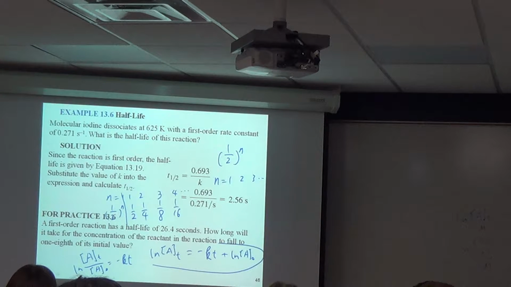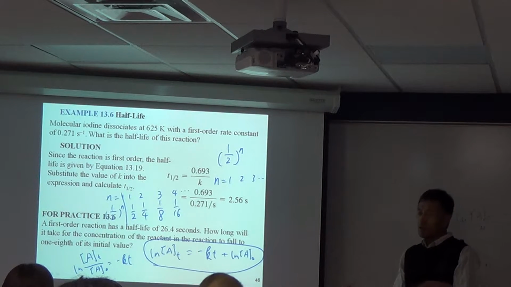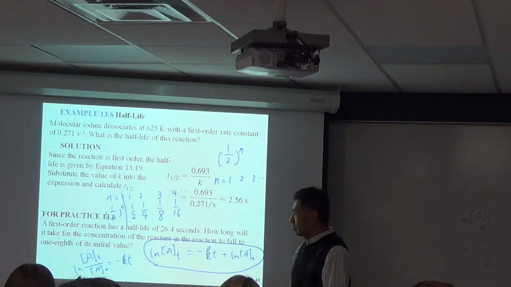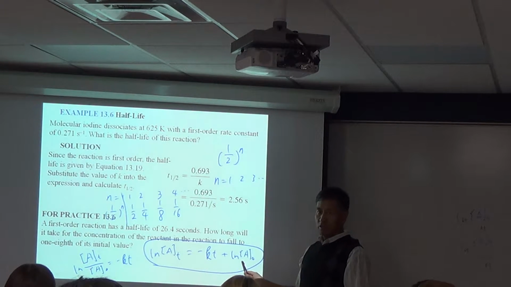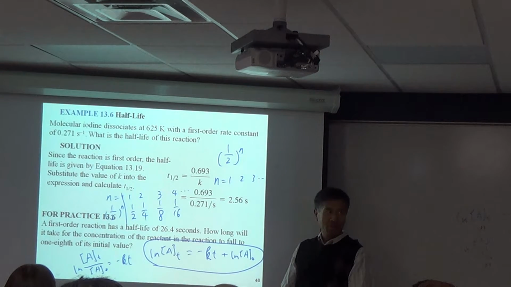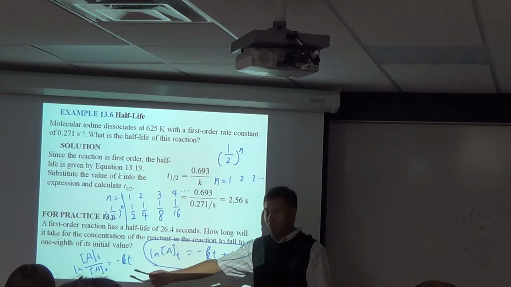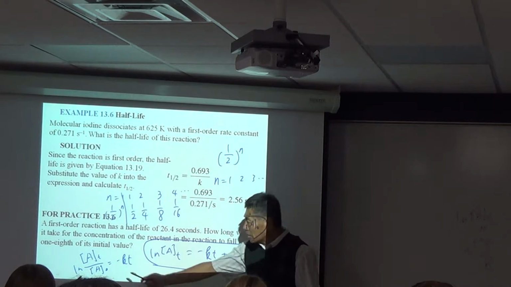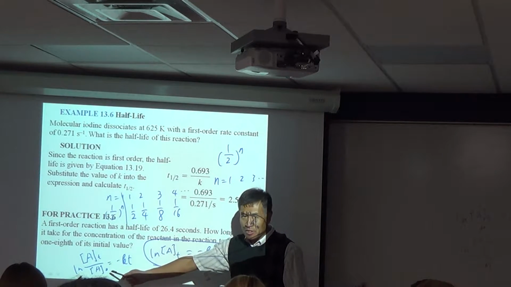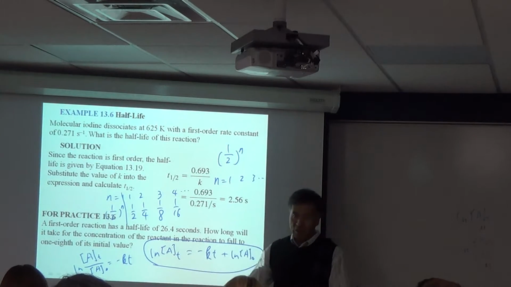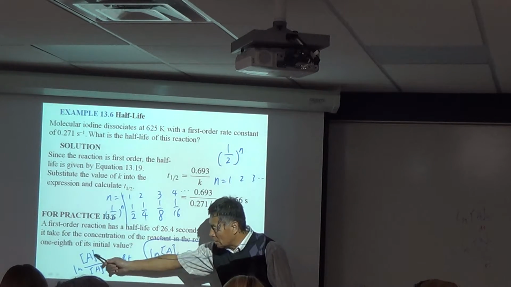These two are the same, but if you use the right one, it's a little bit difficult to put together 1/8. If I tell you 1/8, you put 1 here and then 8 here. 1/8 means your At is 1/8 of your A0. So you put 1/8 times A0 divided by A0, A0 comes out, so you pretty much get 1/8 on that side.